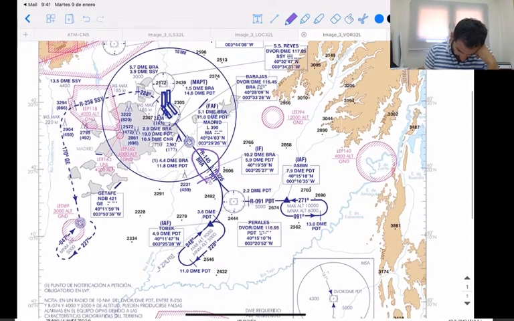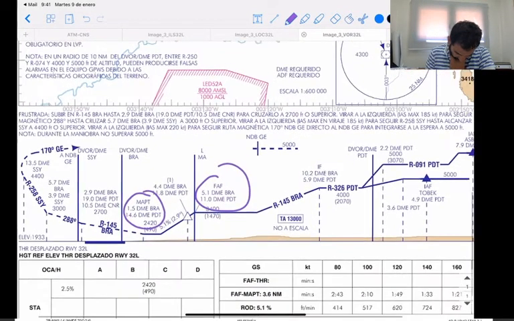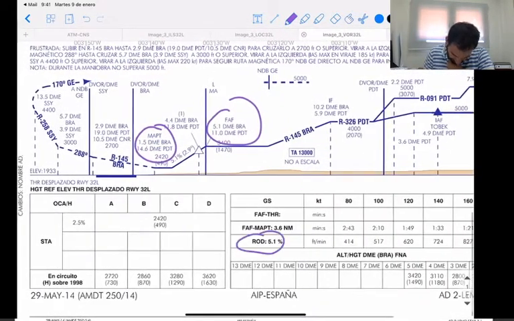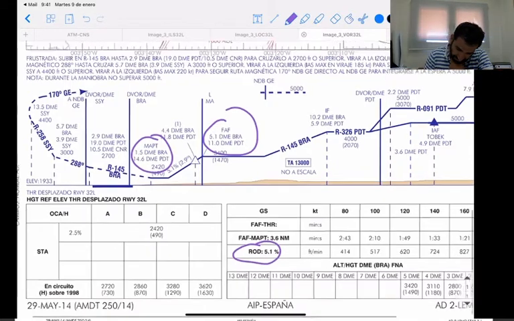The definition of the FAF is here. And again, the MAP and the FAF are defined in a similar way. Here are the different conditions, an altitude and some distances, and here the rate of descent is different. But in general, again, we don't have vertical guidance, but our own flying skills.